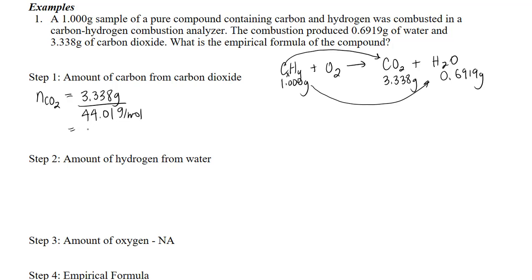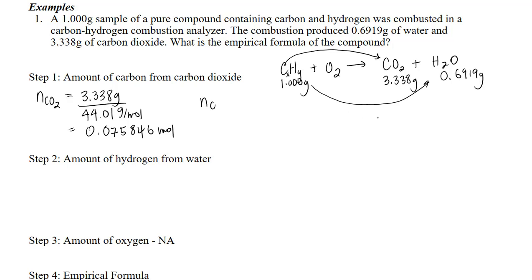And for these problems, having a side calculation done of the molar mass of water and carbon dioxide is helpful. The molar mass of carbon dioxide is 44.01, which we calculated from carbon, which is 12.01, and 2 of oxygen, which are 16 each. So I find that the moles of CO2 is 0.075846. Now what I really want though is the moles of carbon.